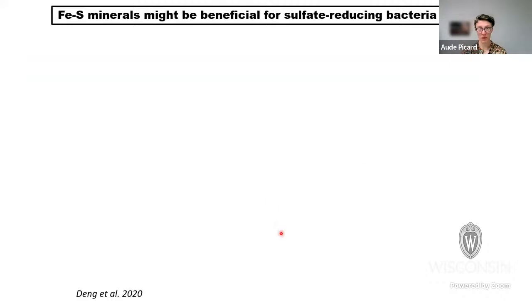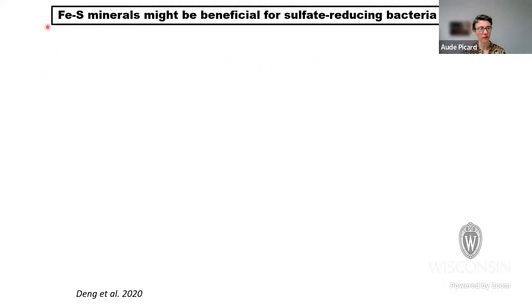So when I started this work, I came across a study that went in the direction of the idea that iron sulfide minerals might actually be beneficial for sulfur reducers and maybe microbes in general.